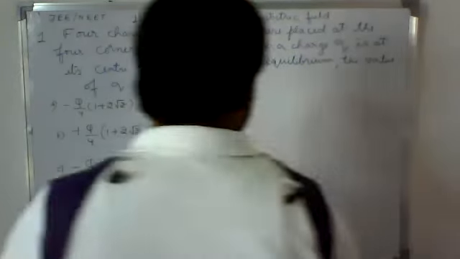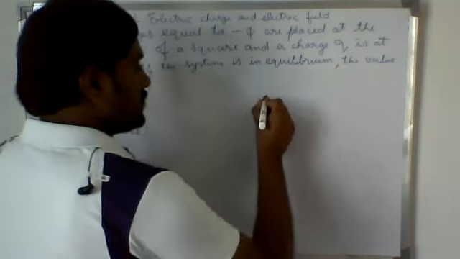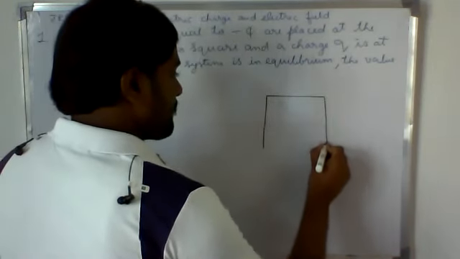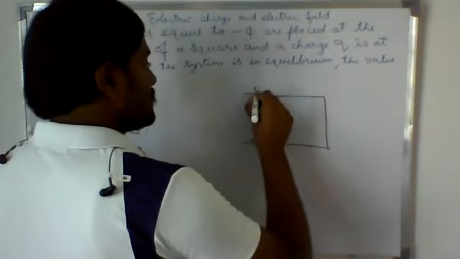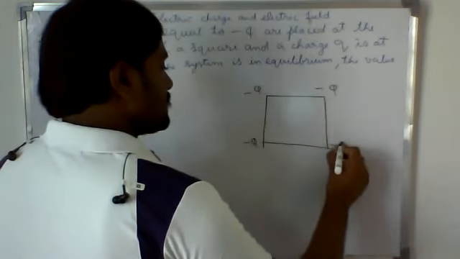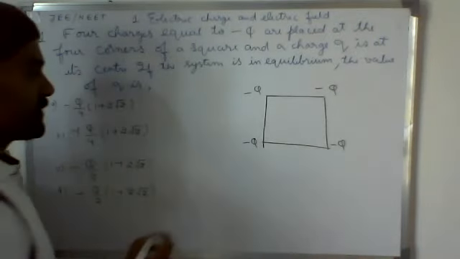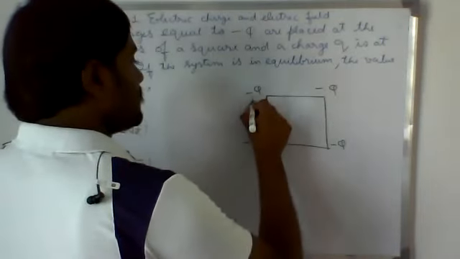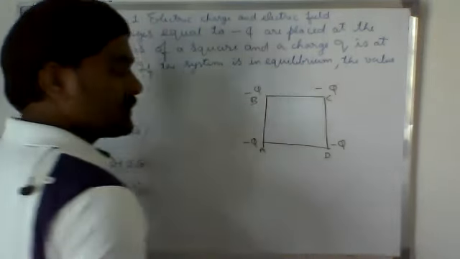Okay. So first, let us consider a square. Four charges minus q are placed at the four corners of a square, that is A, B, C, D. Those are the corners.